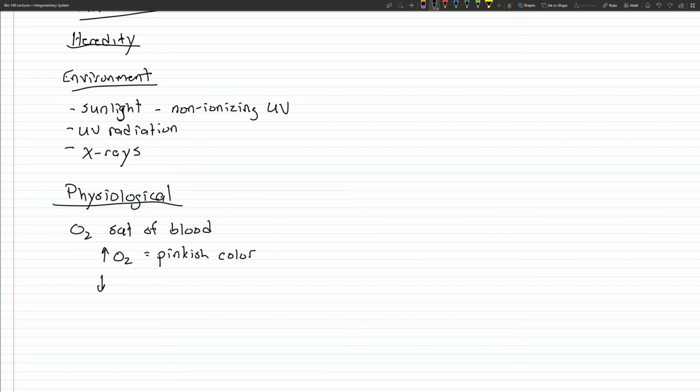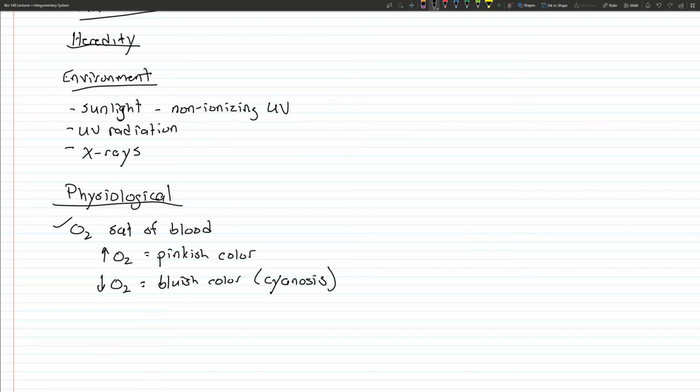If you have decreased O2 floating around in the blood, it's going to give you more of a bluish color, also called cyanosis. If you're taking Medical Terminology, and actually all of you are, osis is the abnormal condition, cyan is blue. So this is the abnormal condition of being blue. So that's O2 saturation.